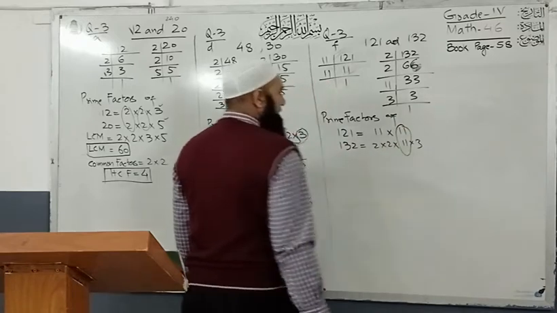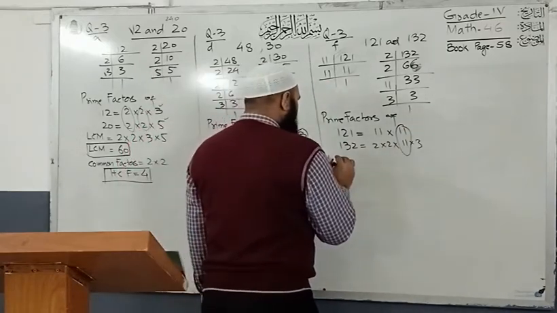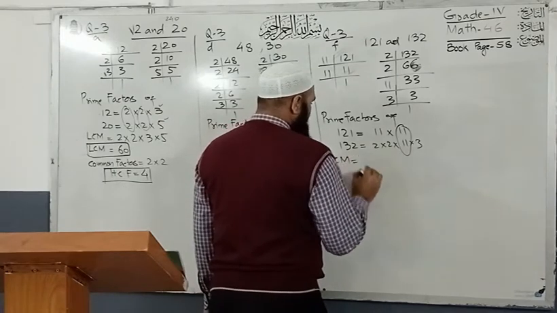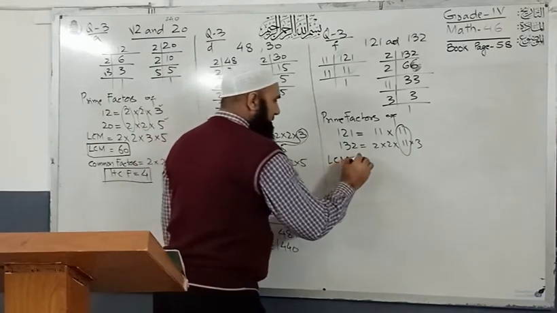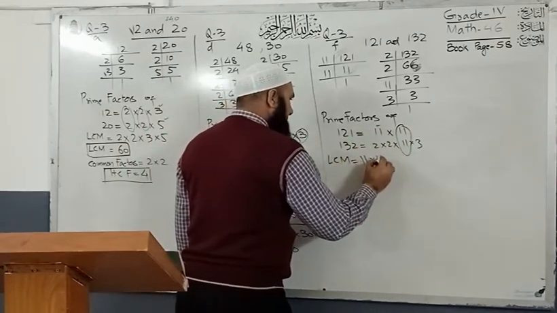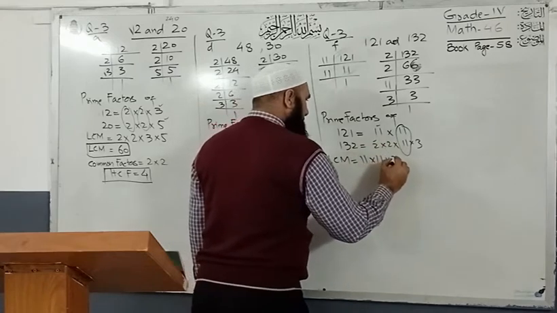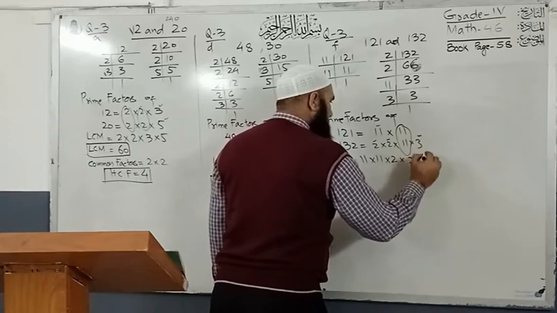Only one pair is possible. For LCM, we take one digit from the pair and write all others. This 11, this 2, this 2, and this 3.